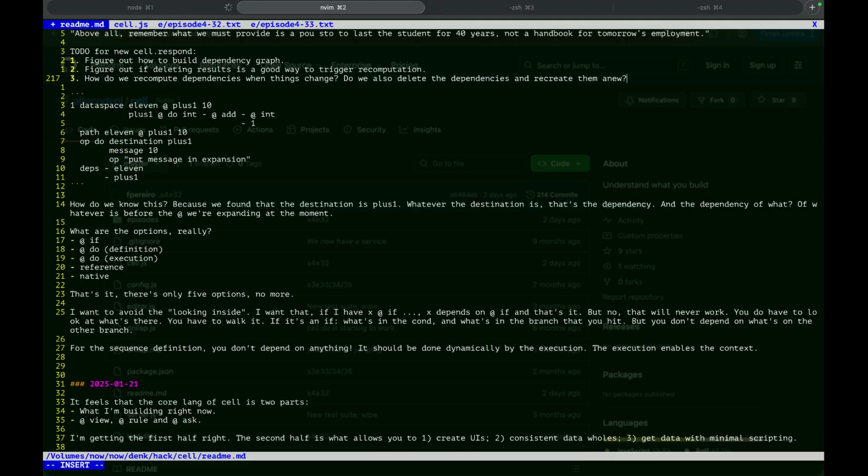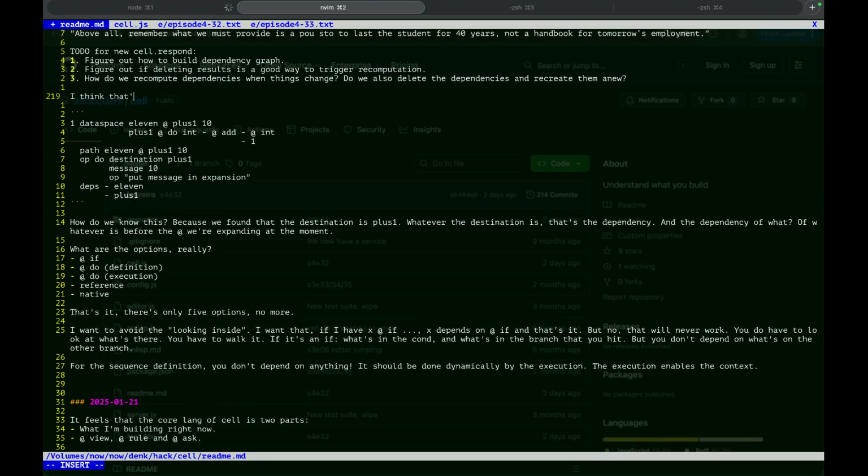I think that's the answer. Dependencies are also data. They should also change, be deleted and recreated.